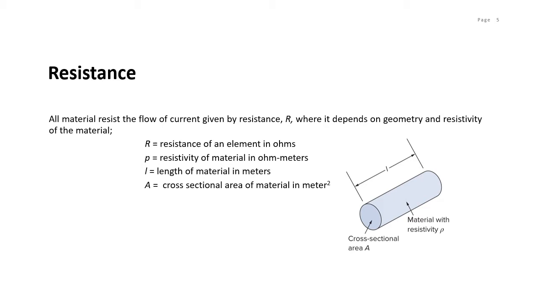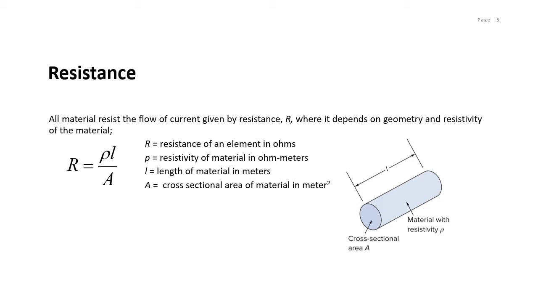We can represent resistance as measured in the lab in a mathematical form, such as R equals rho L over A, where rho is known as the resistivity of the material in ohm meters.